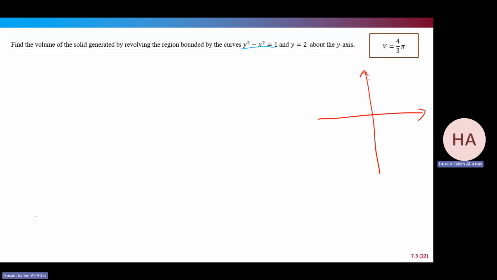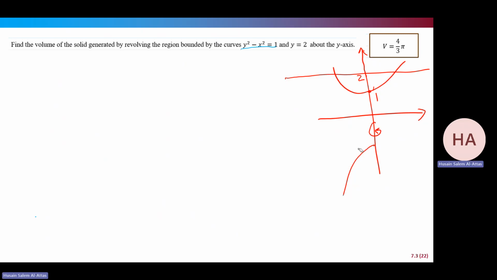I have a hyperbola, and I have the line y equal to 2, and they want this about the y-axis. Be careful about the y-axis.